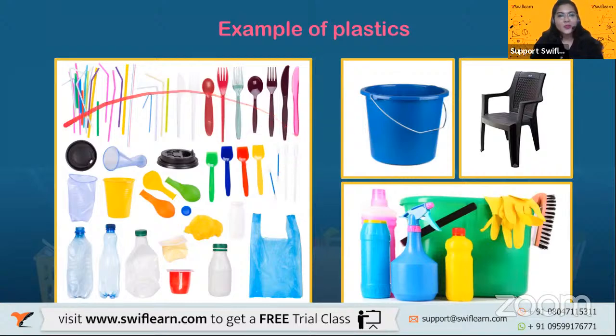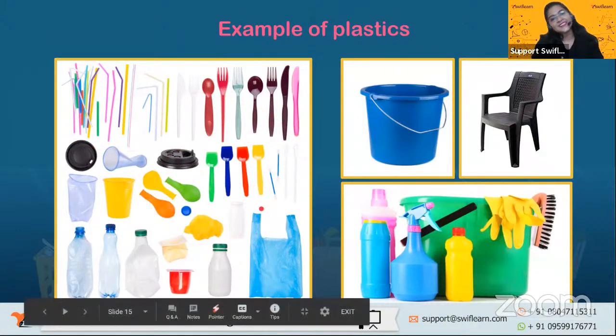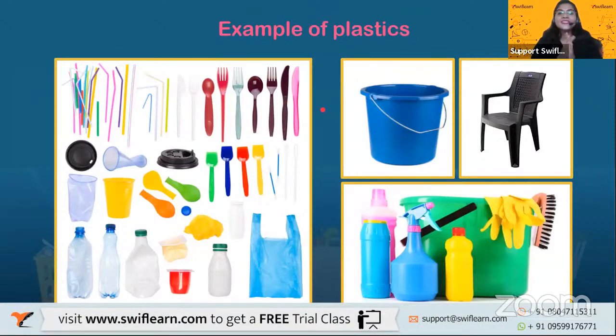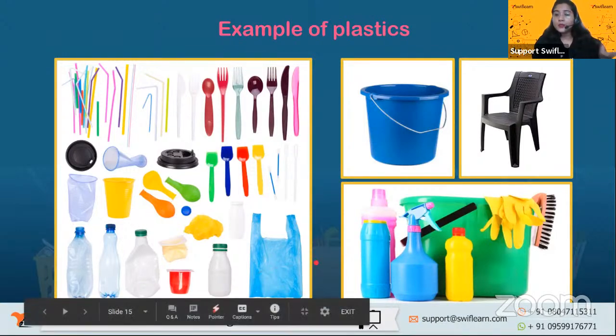The drinking straw, the plastic glass, different types of utensils made of plastic, like spoons, forks, knives, ice cream spoons. Then the spatula, which helps in cooking, the different cans, bottles, mug, polythene bags, bucket, chair, these are all made of plastic. Gloves and medical healthcare items are also made of plastic.